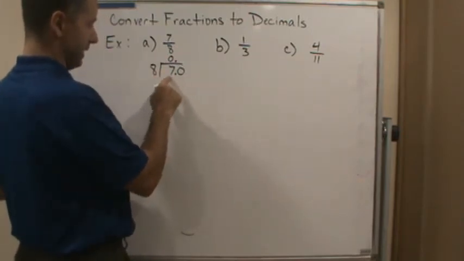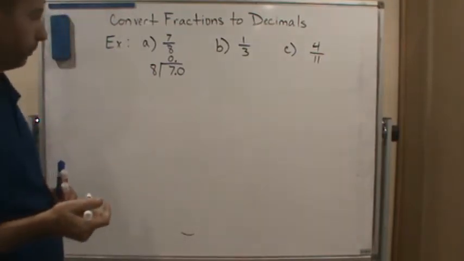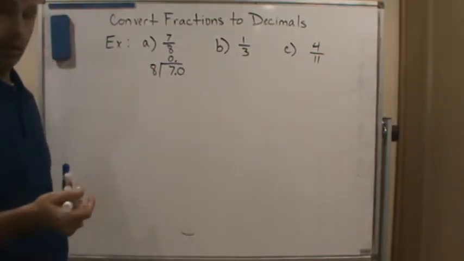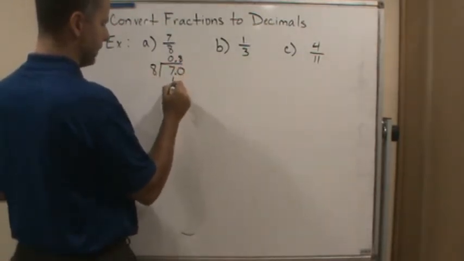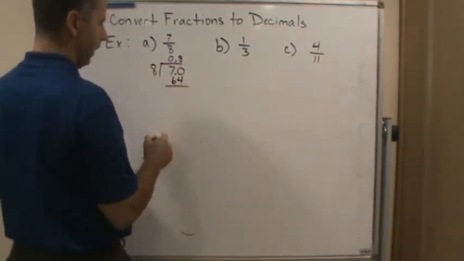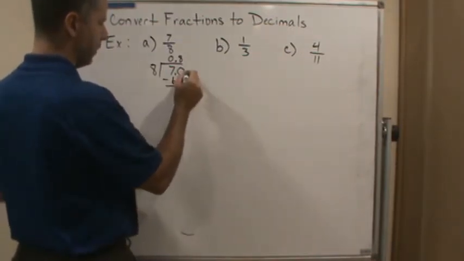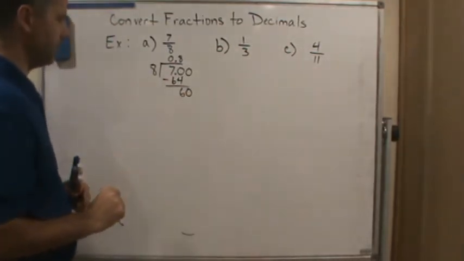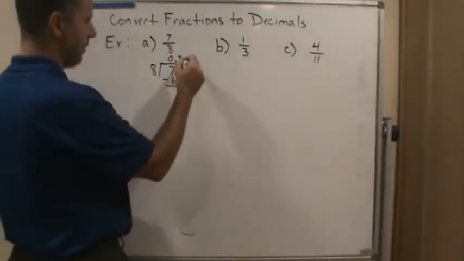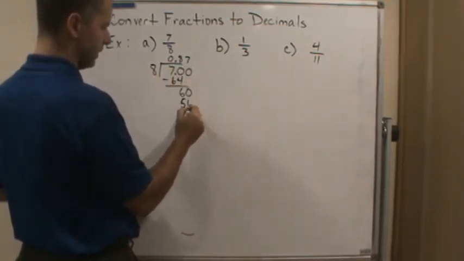So 8 goes into 70 how many times? 8 times. 8 times 8 is 64. Then you subtract, and you get 6. Now you put another 0 here and drop down. 8 goes into 60 7 times, and 8 times 7 is 56.